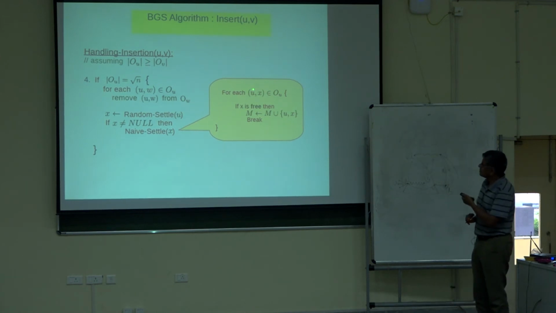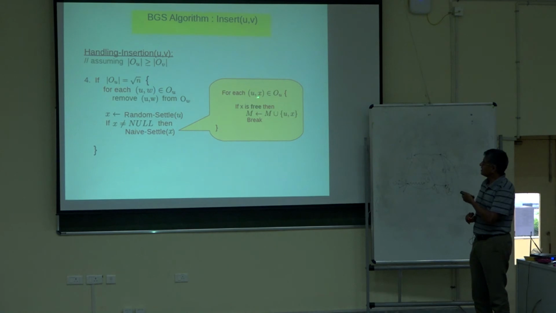So probably u is a little over here. I'm sorry for this. So in this case, x is the vertex. You look at every edge that x owns. Now it's x which is free.